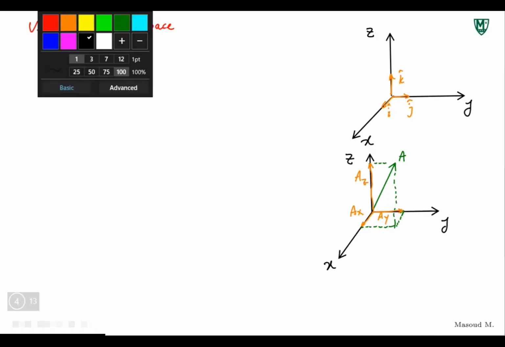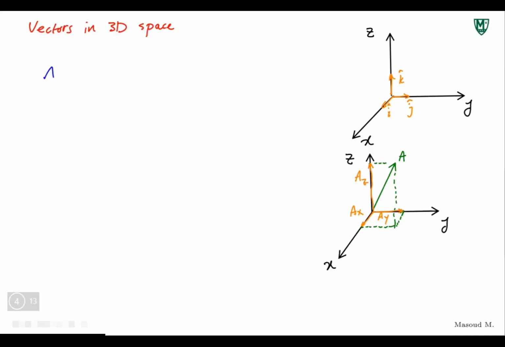So this vector A, which can be any vector, obviously it can be a force, can be represented as AX in I direction plus AY in J direction plus AZ in K direction, using unit vectors. So the magnitude of the vector was pretty much just the square root of the components in each direction, squared, of those components.